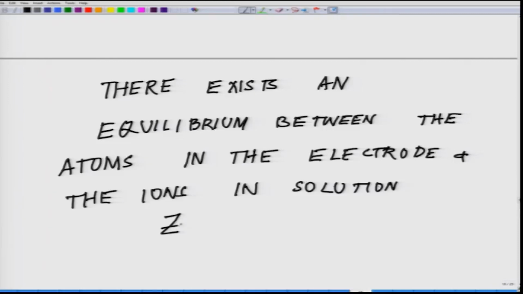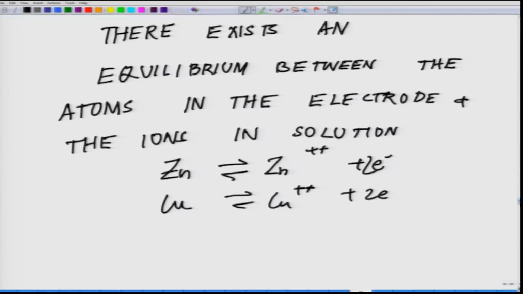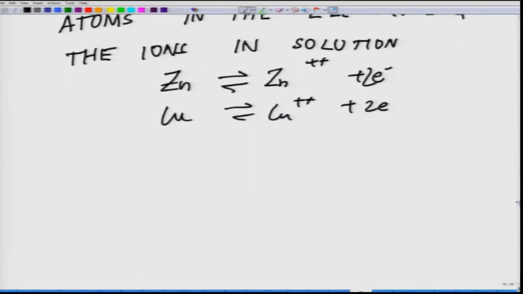So, here is zinc and Zn2+ plus 2 electrons, which it gives out, whereas copper sitting here gives Cu2+ plus 2 electrons. But here you have to realize that zinc has greater tendency to ionize than copper.